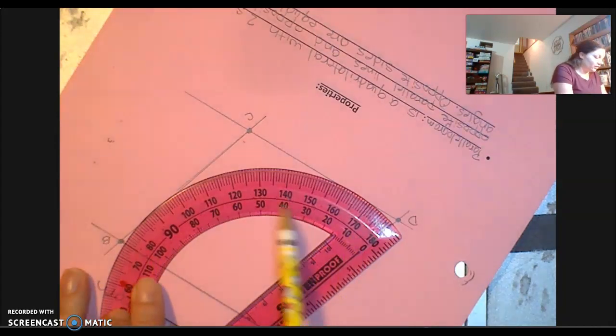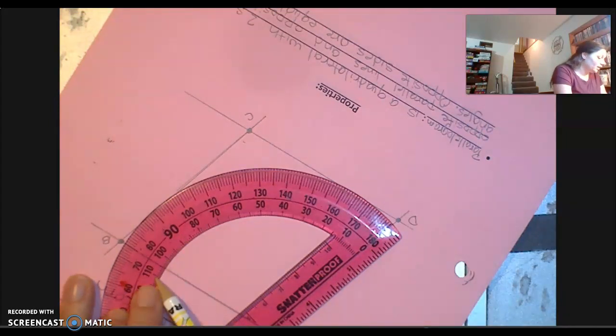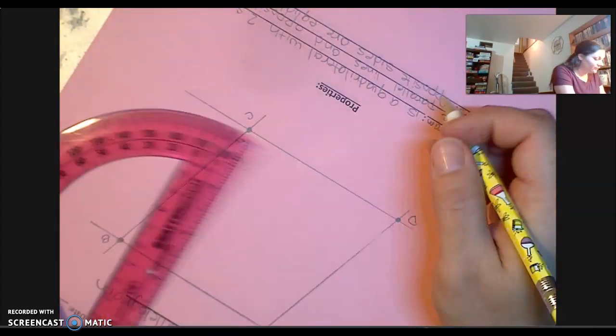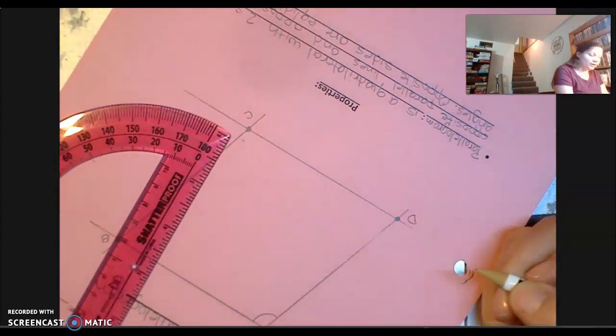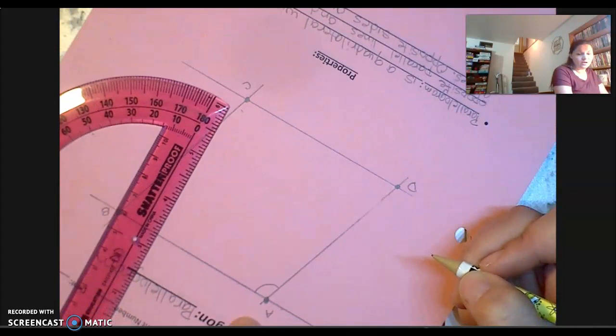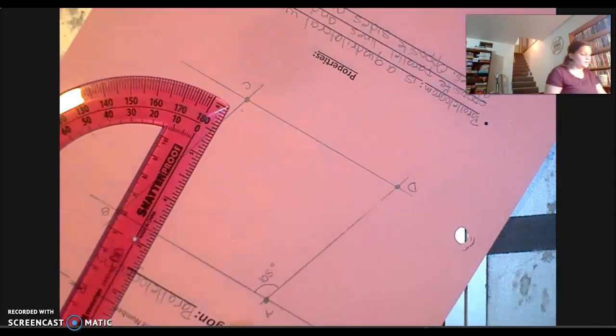So we're going from 0, here's 90 degrees, so it's more than a right angle, it's more than 90. Here's 100, here's 110, and my line falls right in the middle of those. So it is equal to 105 degrees. I'm going to draw my little half curve there on A, and it is 105 degrees.